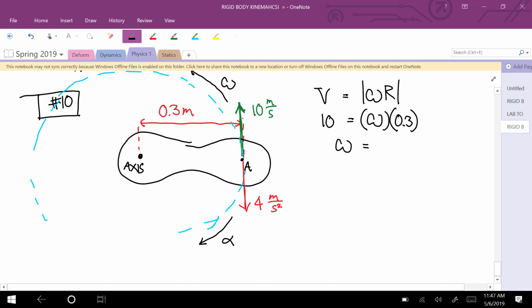And so omega is equal to 10 divided by 0.3, 33.3 repeating radians per second. And now put in the sign. It's positive because you can tell from looking at the directions of these things that this is counterclockwise.